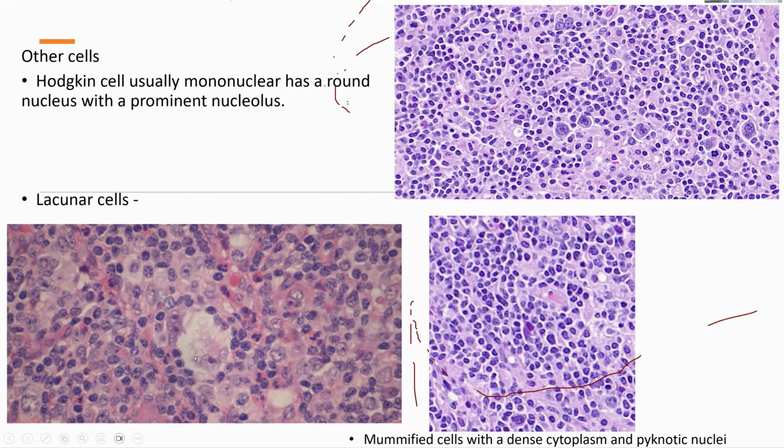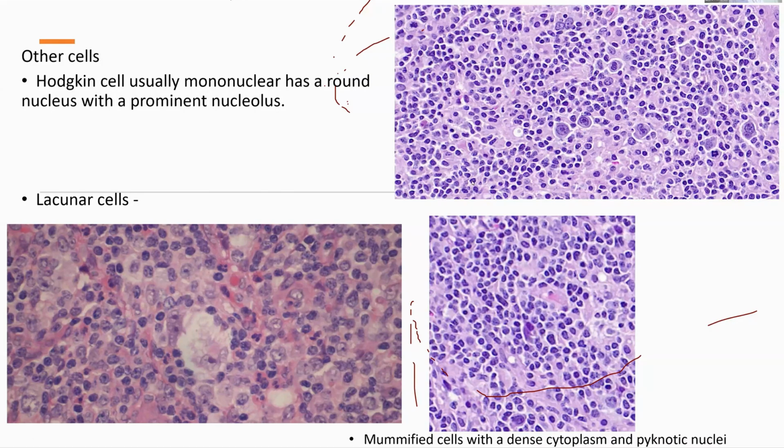Sometimes you have a lacunar cell, where you have a surrounding halo around the nucleus with some vacuolation of the cytoplasm, forming a lacuna. Or sometimes you will have mummified cells, which have dense cytoplasm and pyknotic nuclei. So these are the typical cells that you see in Hodgkin's lymphoma. These are the larger atypical cells that you will be looking for.